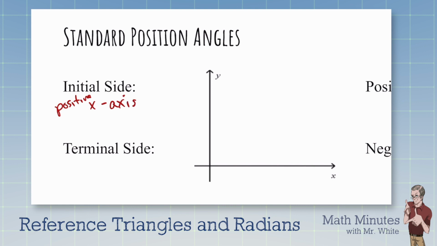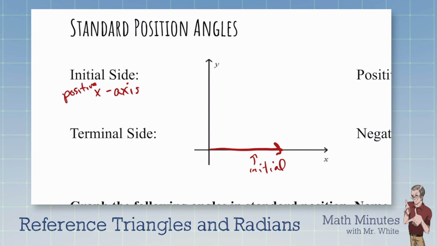So we're going to draw an angle, and we're going to have the initial side on the x-axis. It always starts on the x-axis, positive x-axis. Now, what does the word terminal mean? Terminal side is the end side.